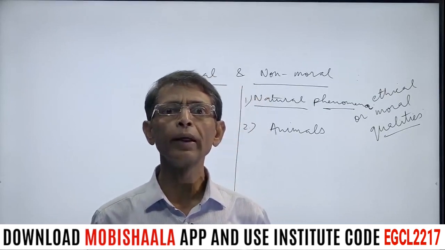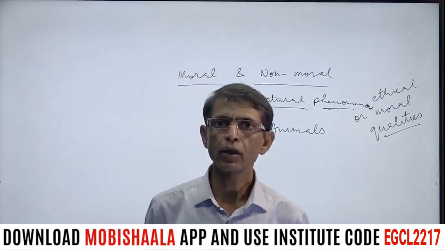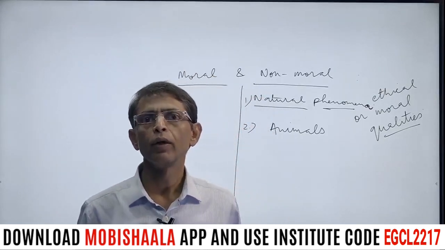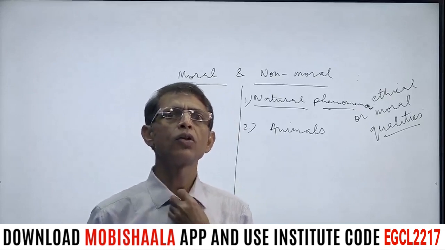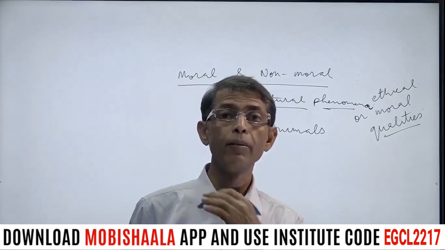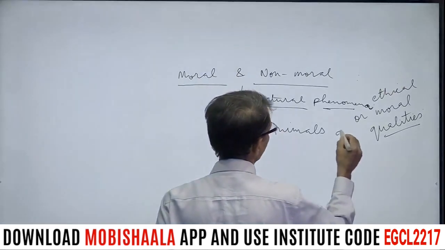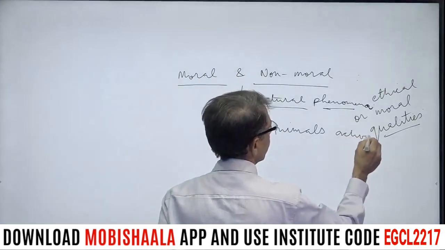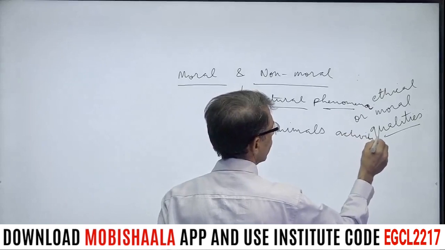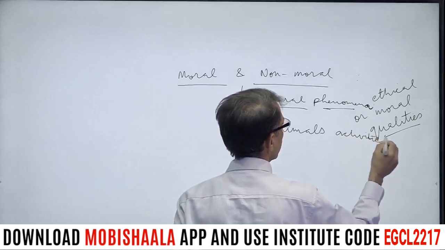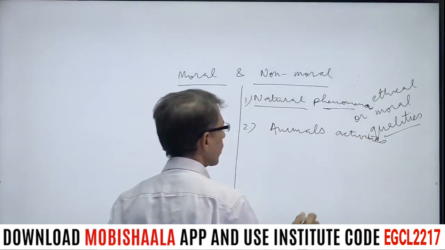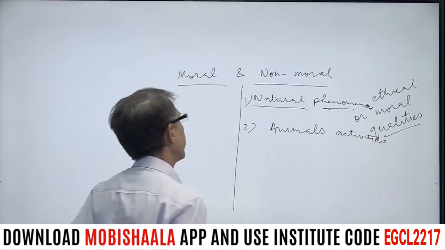They don't think. Their actions are not deliberate. They don't take decisions consciously and deliberately. So animal activities are also devoid of moral quality.